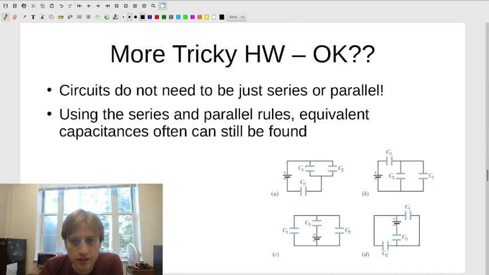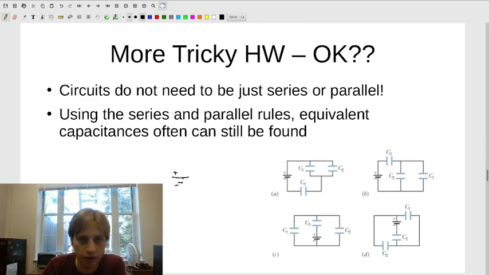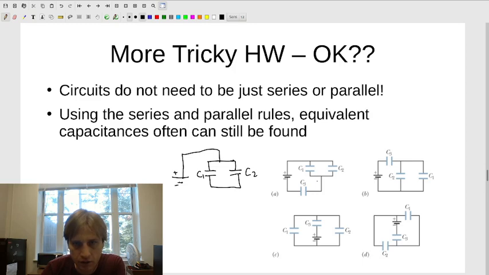So this circuit right here, I can write it in a way that is hopefully going to make it clearer how you would find the equivalent capacitance. I can write it like this. There's my C1, here's my C2, and then after those comes C3.